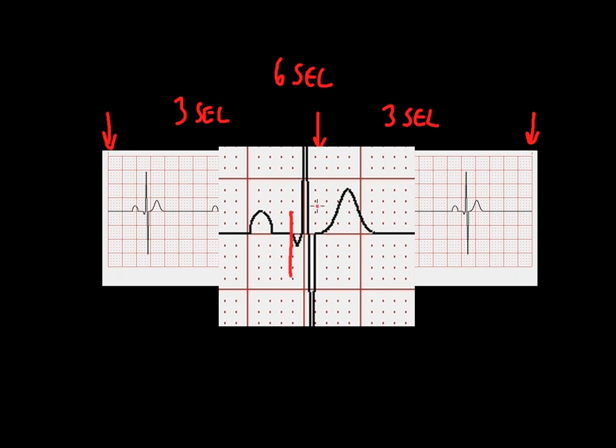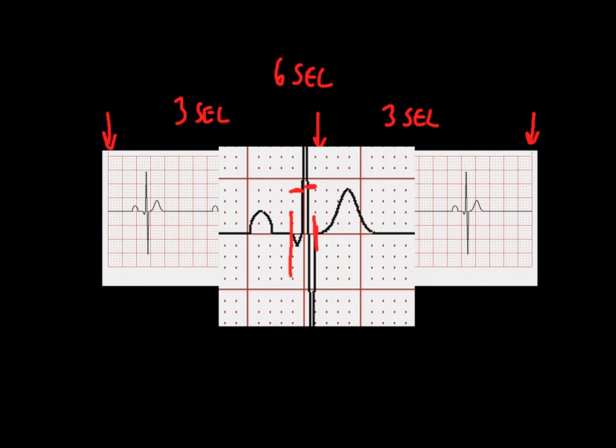And right over here, well, actually that's kind of sloppy. Let's do that better. Right there is where the QRS ends. The line is kind of buried in there, but from here to here, that would be 1 block, and from here to here, that would be 2 blocks. So my QRS is actually 2 small blocks wide. And if you remember, each small block is equal to 0.04 seconds.